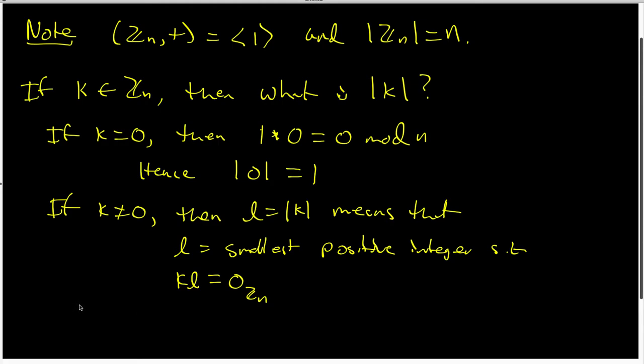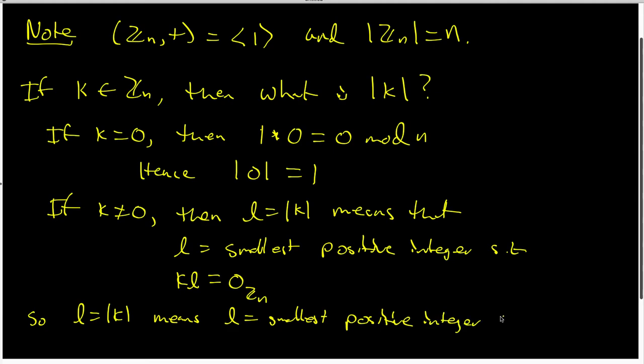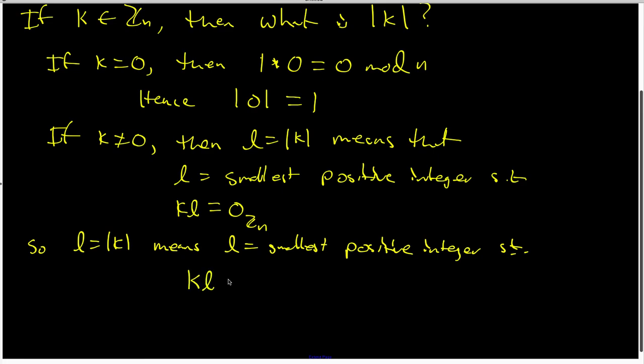So I want to think about what that means. L is equal to the order of k means L is the smallest positive integer such that k times L has to be congruent to 0 mod n, because the 0 element inside Zn is simply the equivalence class containing 0.